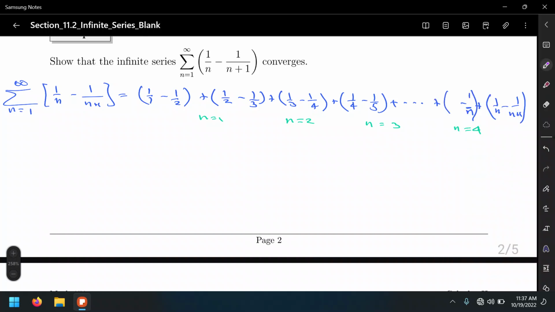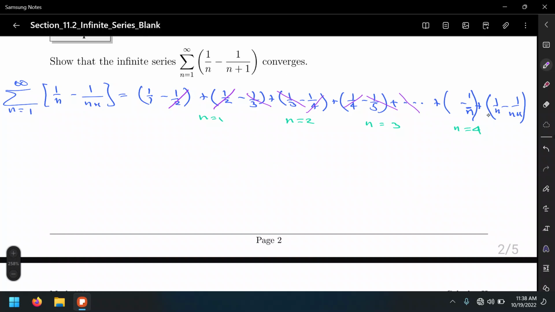By the telescoping idea, the negative 1/2 cancels the positive 1/2. The negative 1/3 cancels the positive 1/3. The negative 1/4 cancels the positive 1/4. The negative 1/5 cancels the positive 1/5. And then negative 1/6, positive 1/6, and then negative 1/7, positive 1/7. We don't have to do this forever, so we can focus on the first couple and the last of them.